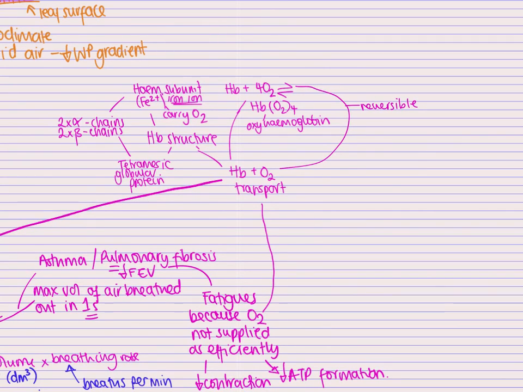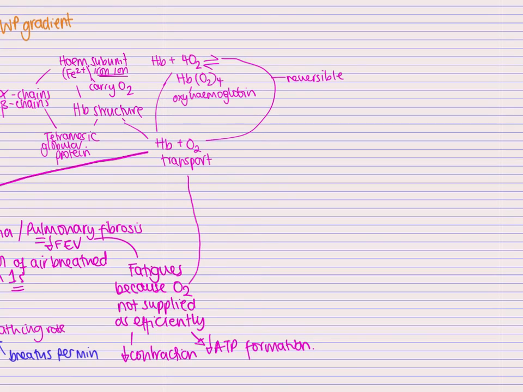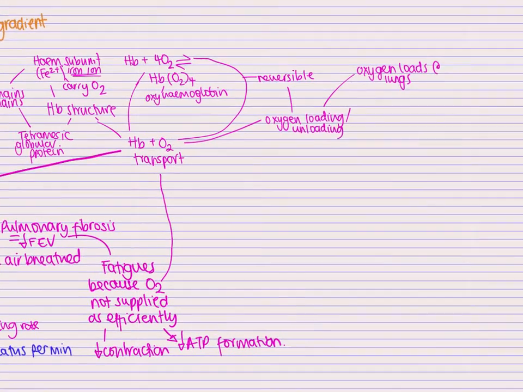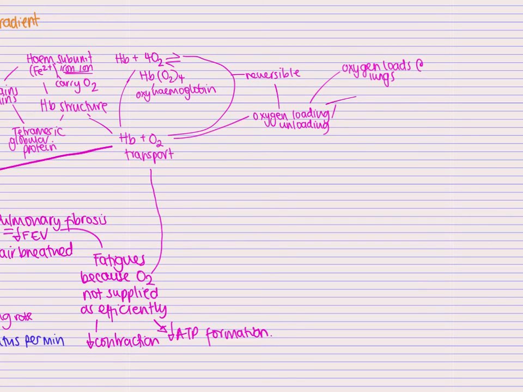It's reversible because oxygen can either associate or dissociate with the hemoglobin, depending on where we are. So we're going to add a little bit here: oxygen loading or unloading. Oxygen loads at the lungs, because there's a higher concentration of oxygen there, and it unloads at the respiring tissues, wherever that may be.